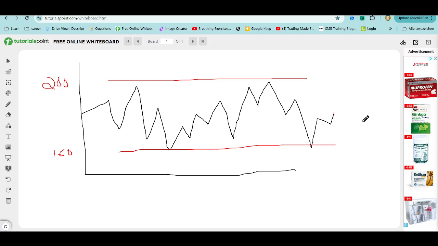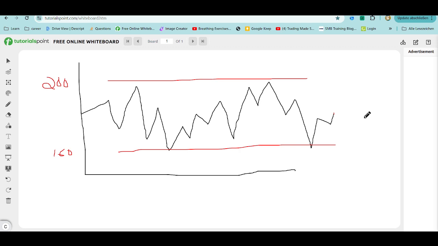Before you enter an option strategy, you need to have a view of the market, and your view is the price will be within this range. Now you want to enter an option selling strategy. In these types of situations, where the price is not trending but is within some range, people enter into an Iron Condor option strategy.